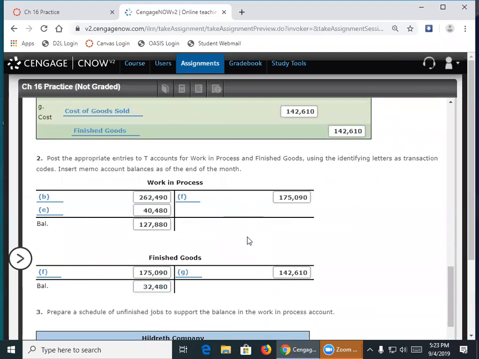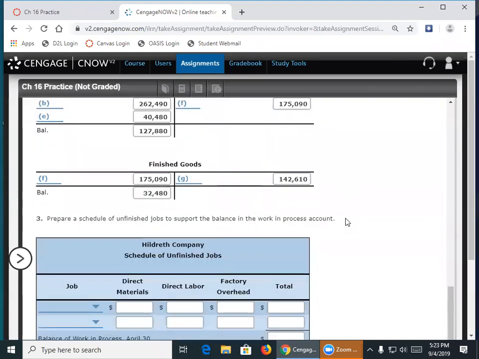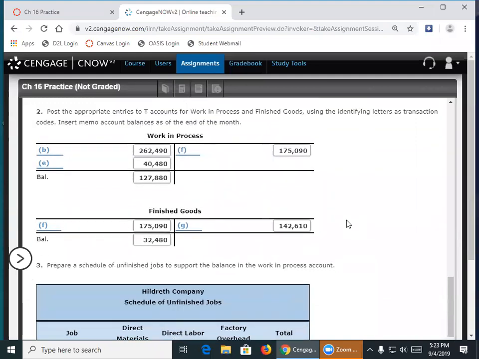So your balance in finished goods should be the job that's left in there, the 103 that we didn't sell yet. That 32,480 is the job that's still in finished goods. It's completed and not sold. Any questions on this? I didn't balance mine on the board, but there's the balancing of those, a little bit cleaner than my writing.